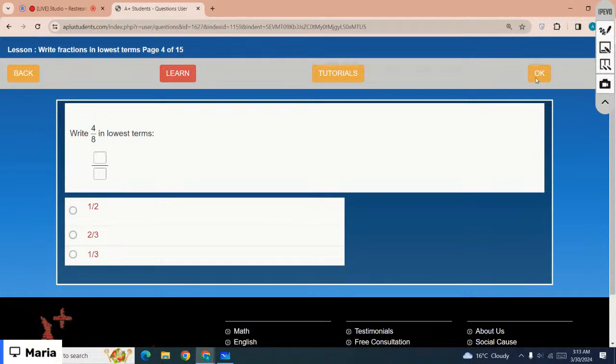The correct option is, yes, that is option number 1, that is 1 over 2, right? You can divide them by the common factor, that is 4. So the correct option is 1 over 2. Option number 1 is the correct option, right?